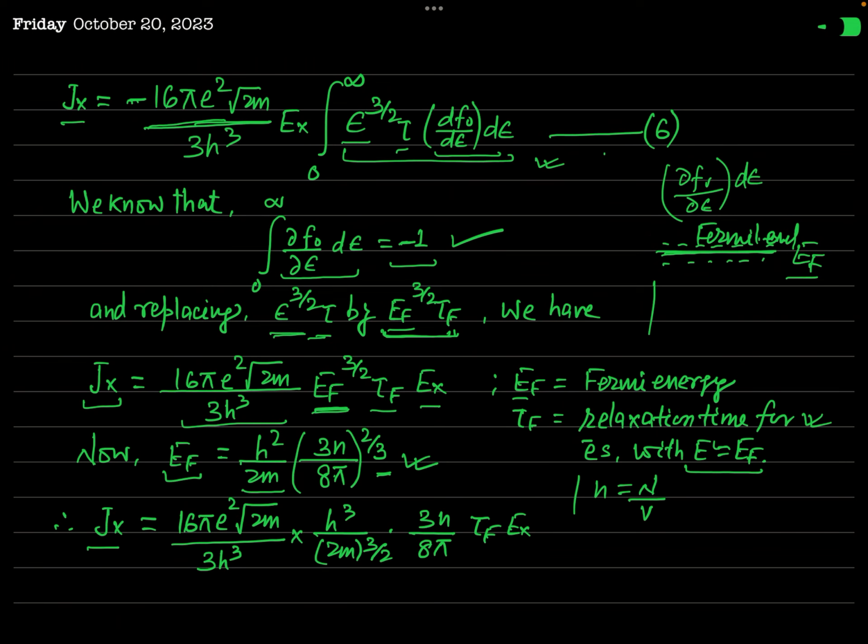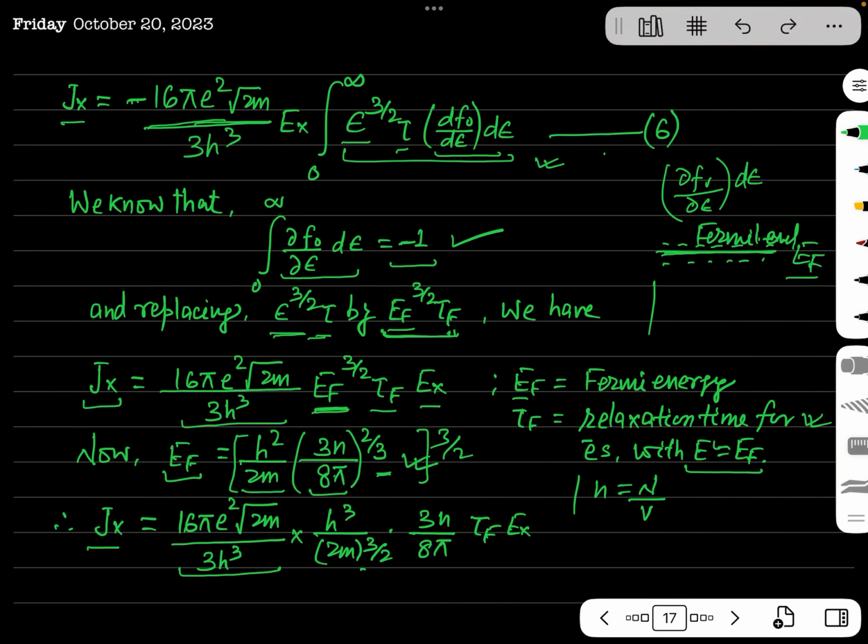Okay. So Jx will be what? This will be 16 pi e square root of 2m over 3h cube times EF to the power 3 by 2. Raise the power 3 by 2 on this. When you raise the power 3 by 2 on this, what will happen? Actually, in that condition, the power on 3n by 8 pi will cancel out, and here h squared to the power 3 by 2 will become h cube, and 2m will have power 3 by 2.